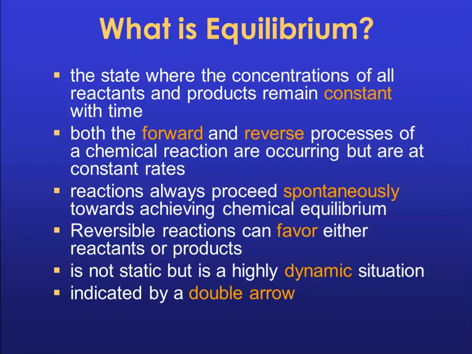And equilibrium basically is a state where the concentrations of your reactants and products are remaining constant. It's not that they aren't changing, it's just that they are changing at a constant rate. So that the rates of the reactions, which we just got done studying with kinetics, the forward rate and the reverse rate are both occurring, but because they're happening at a constant rate, you don't see any noticeable changes.